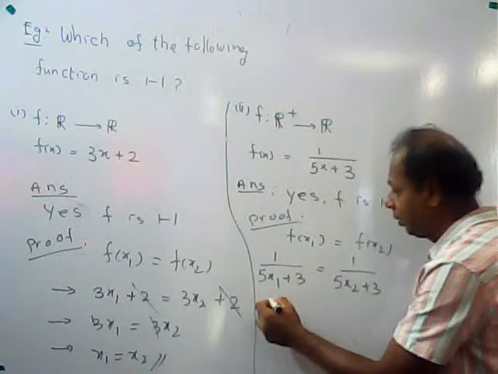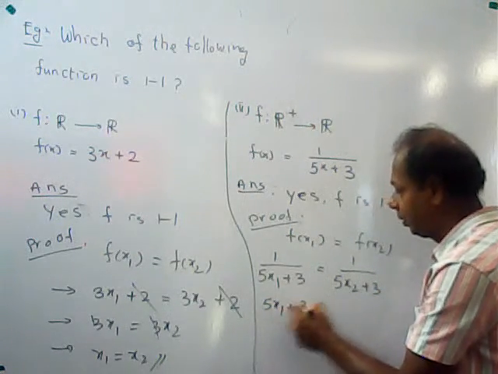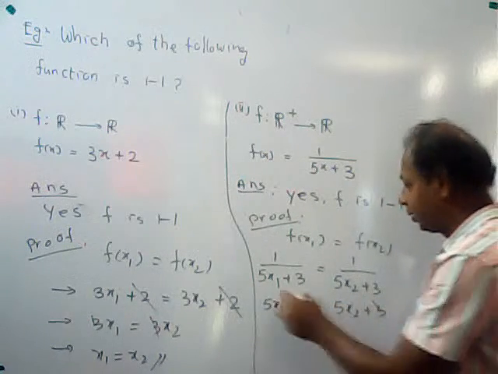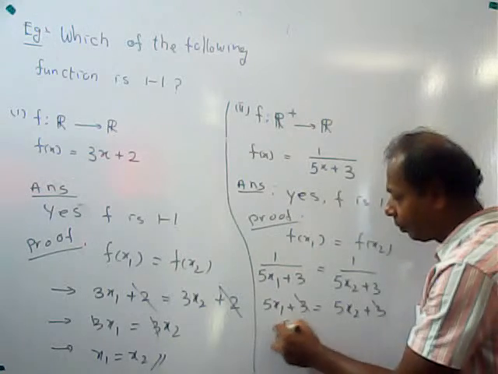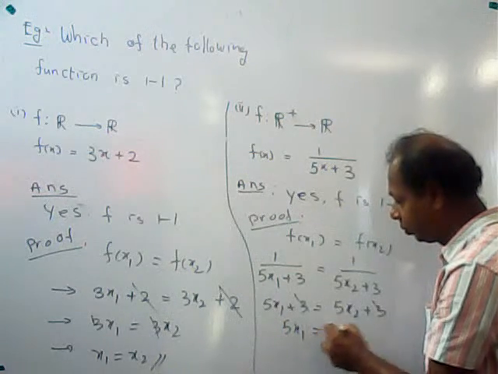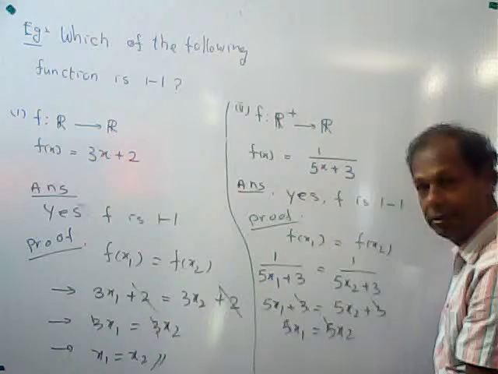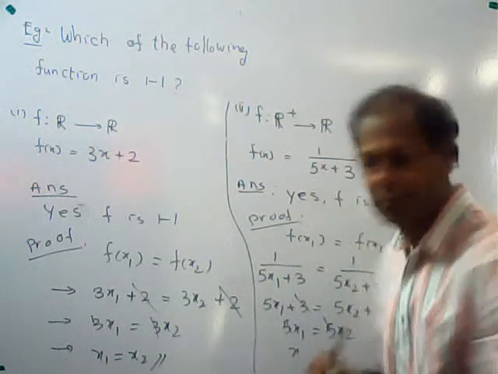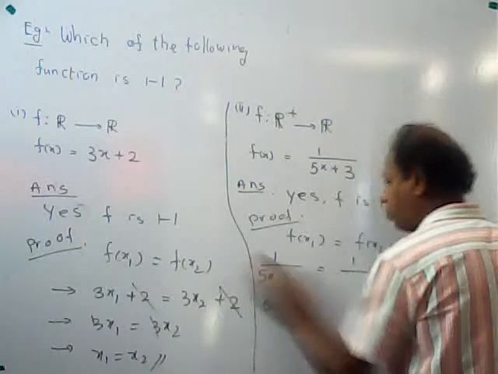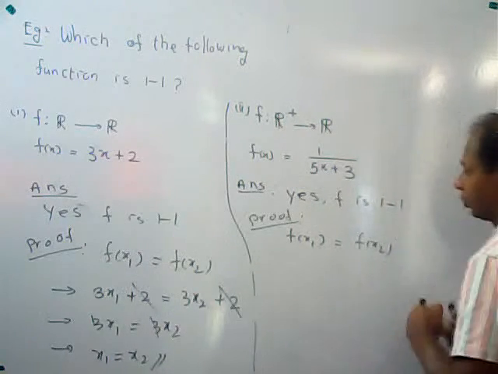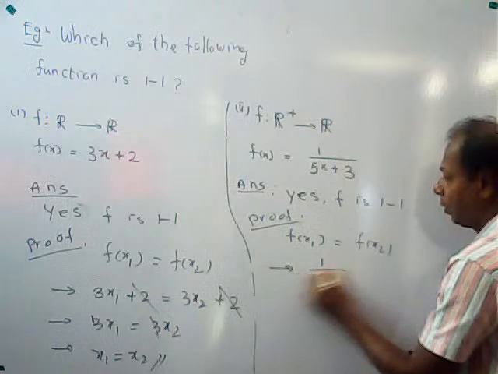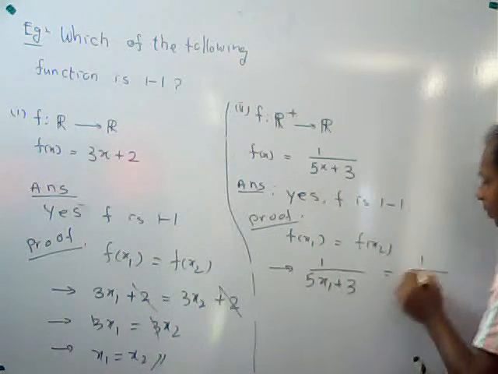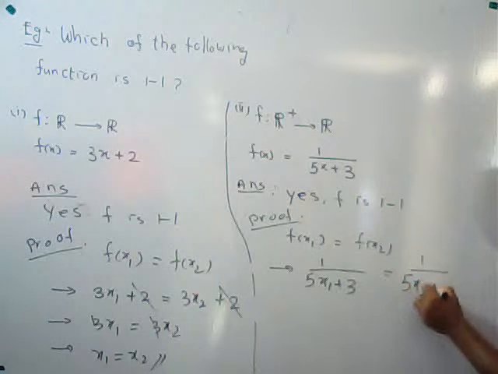Then cross multiply: 5x1 plus 3 equals 5x2 plus 3. The 3 gets cancelled. So this implies 1 over 5x1 plus 3 equals 1 over 5x2 plus 3.